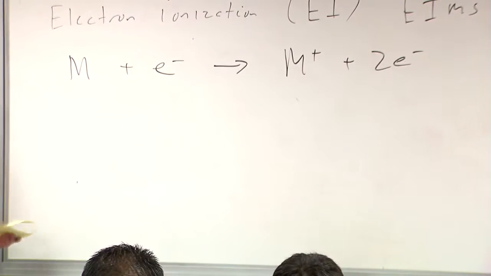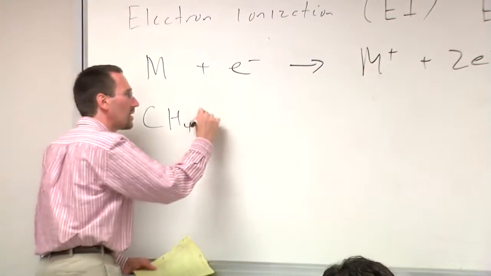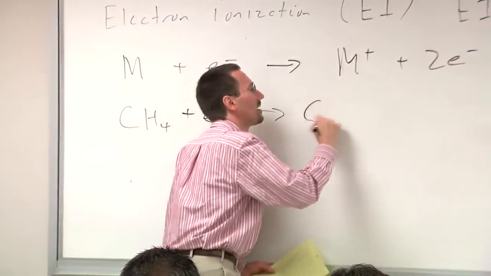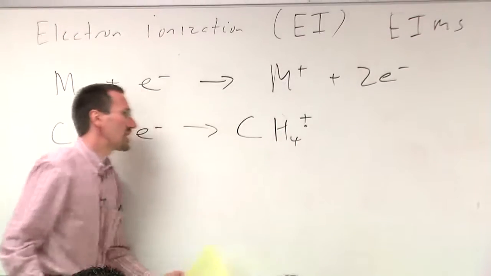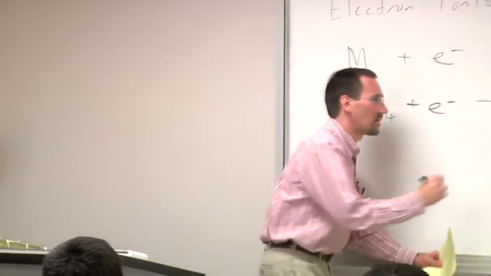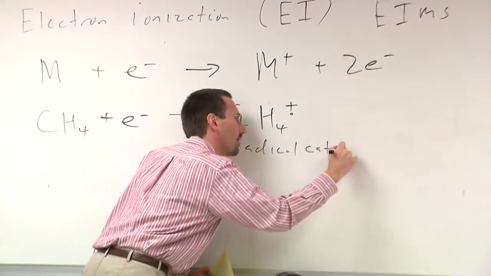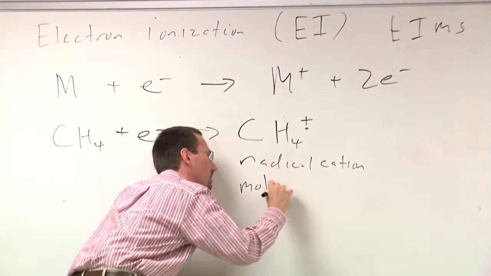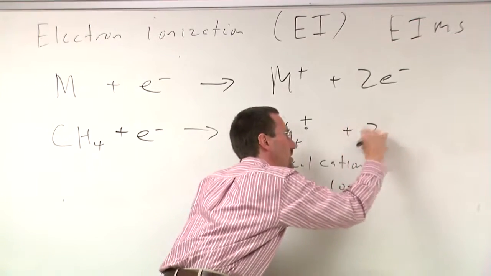So for example, if you take methane, CH4, and you hit it with an electron, you get CH4+. You've taken an electron out of it, so you're getting a radical cation, what mass spectrometrists call a molecular ion, and your two electrons.